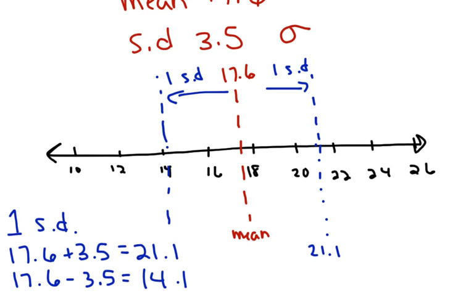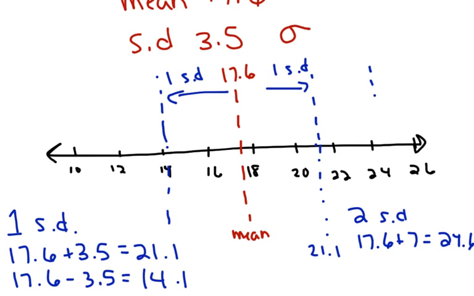Well, I don't have to go just one standard deviation away from the mean. I can go a second standard deviation away. So if I want to go 2 standard deviations away, then I'm going to add 3.5 twice, or subtract 3.5 twice. In other words, I'm going to do 17.6 plus 3.5 times 2, which is 7, and I'm going to get 24.6.